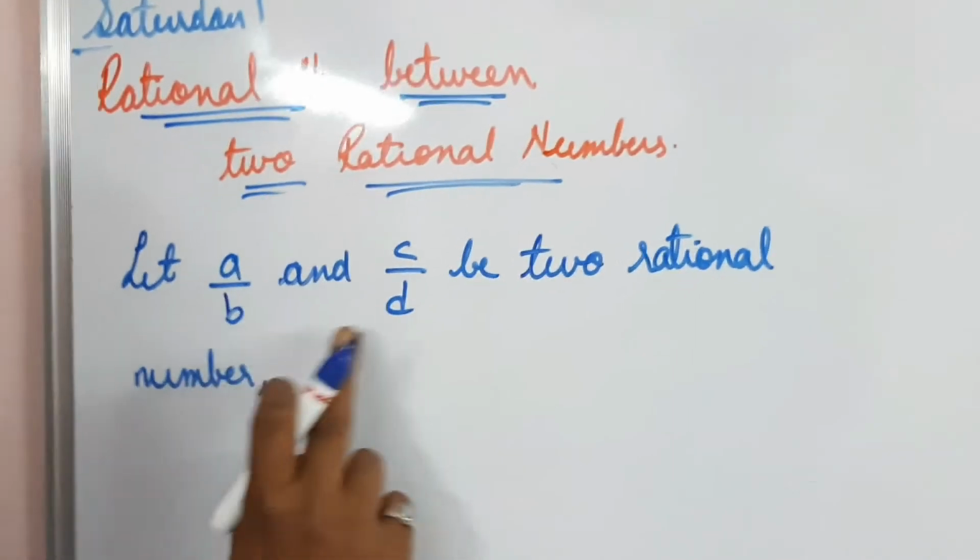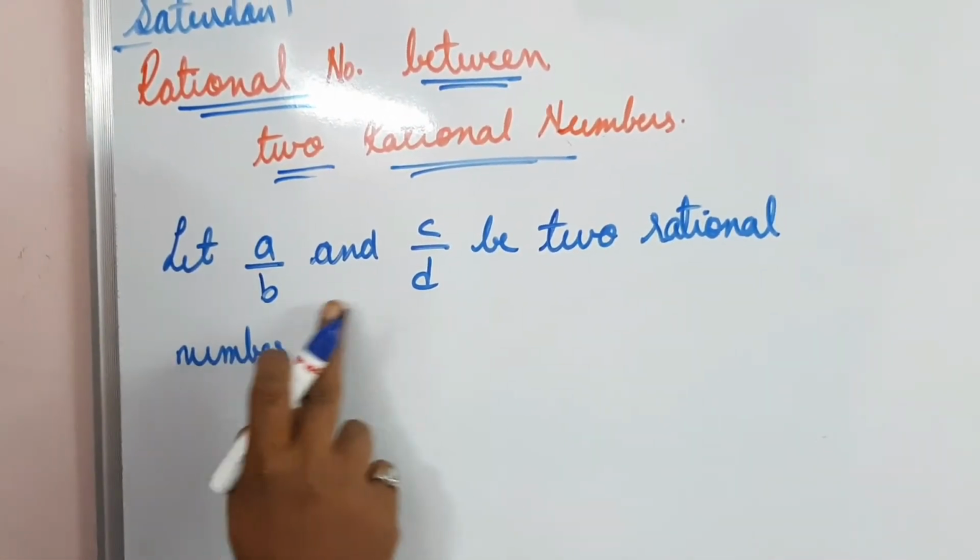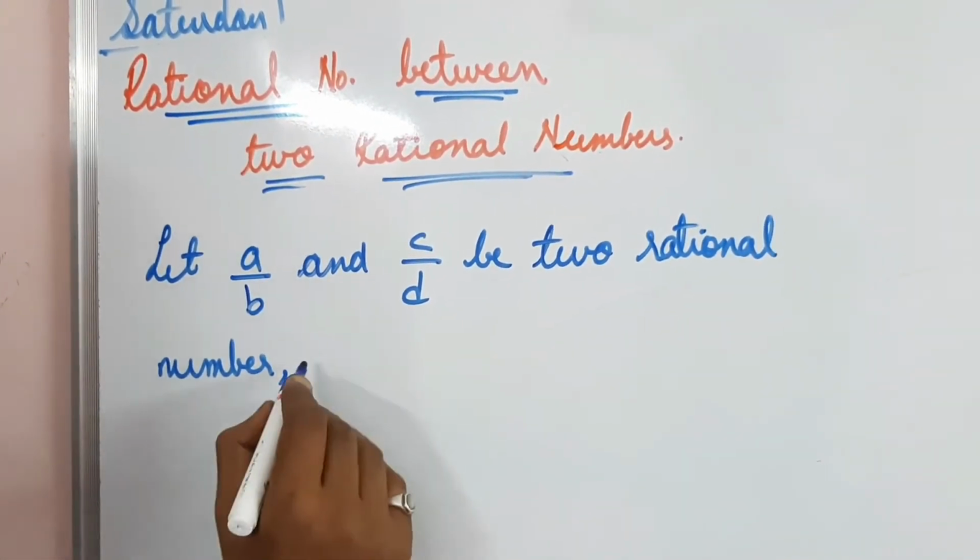Now, how do we find a rational number between these two rational numbers?